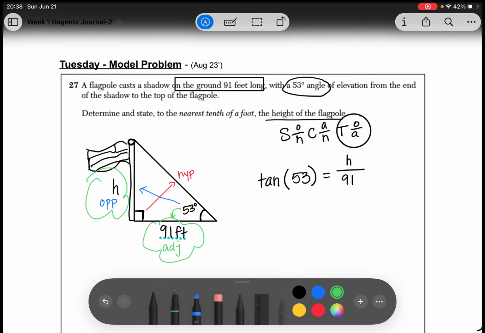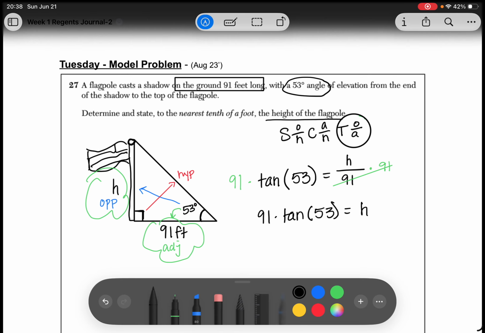To solve for this one, we want to isolate H, so we're going to multiply both sides by 91. That way we can get the 91 out of the denominator. Once we do that, our new equation will be 91 times tan of 53 degrees equals H.